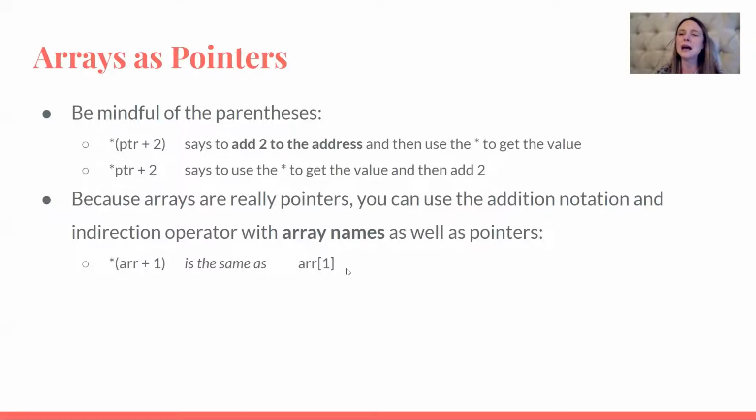And basically, very smart people writing compilers created this notation to make arrays a little easier to work with without having to use pointer notation, just because pointers can be confusing and sort of error prone. So this is a nice little wrapper that says, I will let the programmer type it this way, and I, the computer, know in the background that what I'm really going to do is go to this address and add 1 and then get the values.